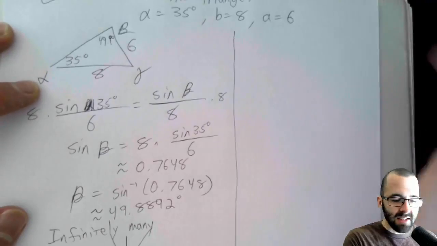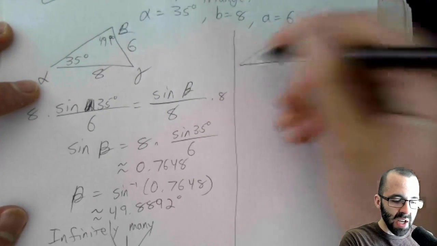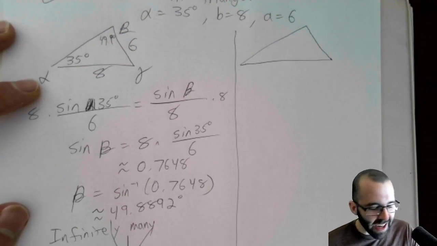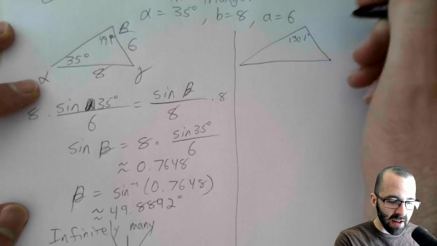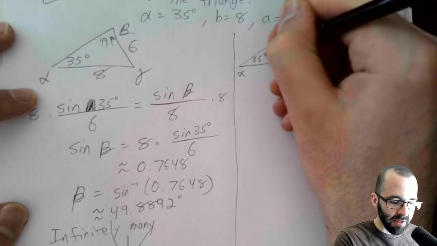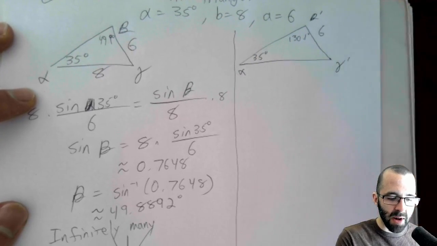And we're going to have a second triangle where beta is much bigger. These triangles look exactly the same. Where beta is much bigger and it's going to be that 130.1 degrees. All right, and again, A is still 6. Alpha is still 35 degrees. This is beta prime. This is gamma prime.